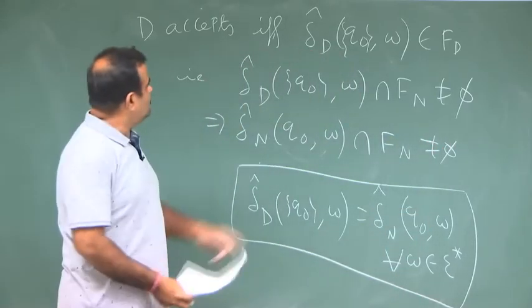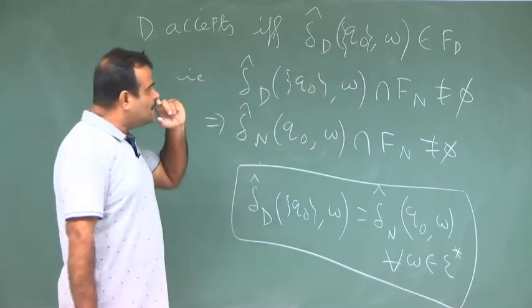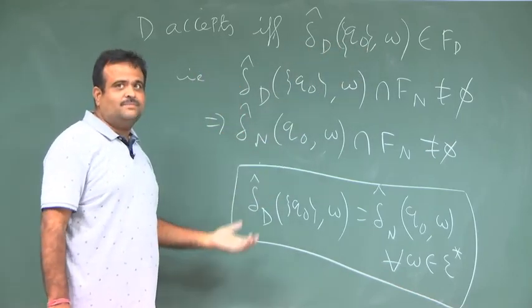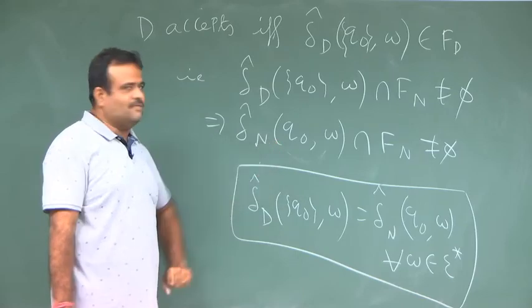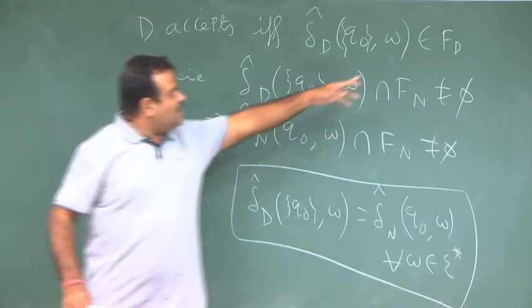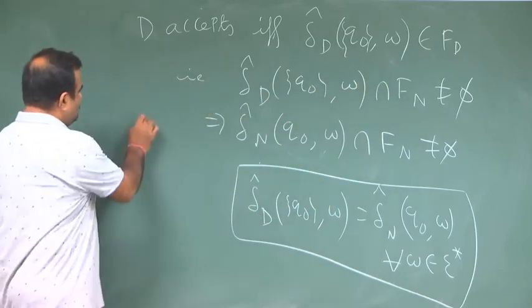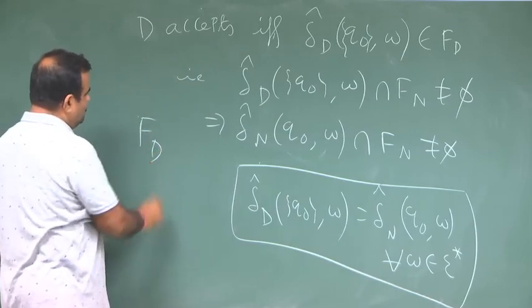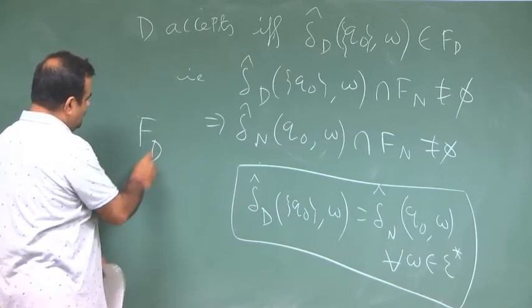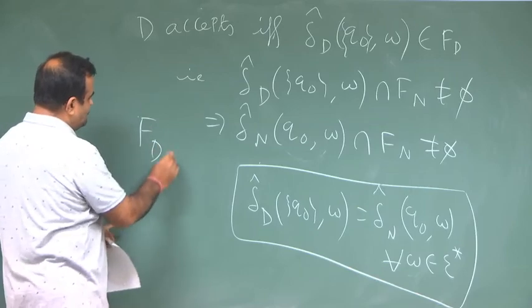So, that means if a string is accepted by this DFA, then that same string will be accepted by this NFA, because of the way we have constructed FD. FD is the set of accepting states of the DFA.